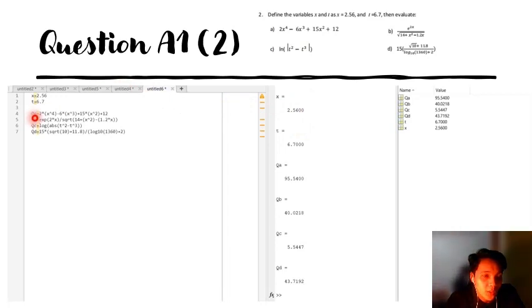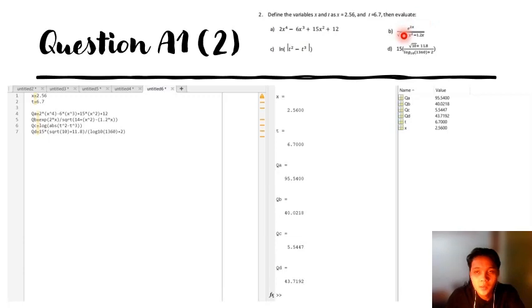Same goes for questions B, C, and D, except they have an exponential value, ln, and log. So for exponential, if you want to use it in MATLAB, we just write down exp and declare a parenthesis right after, and then within the parenthesis just assign the value that you want.